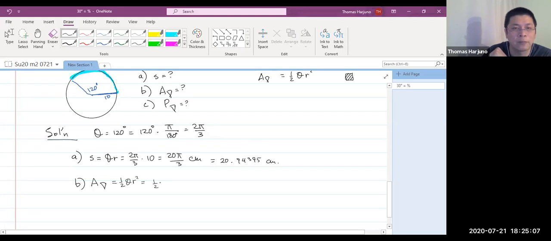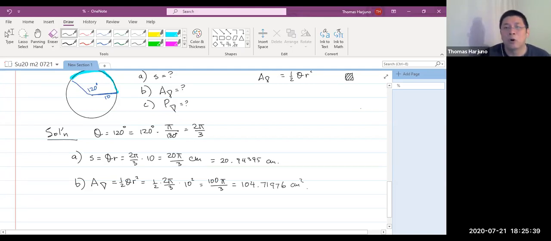That's 1/2 times 2 pi over 3 times 10 squared. That will be 100 pi over 3, and that's 104.71976 centimeters squared.